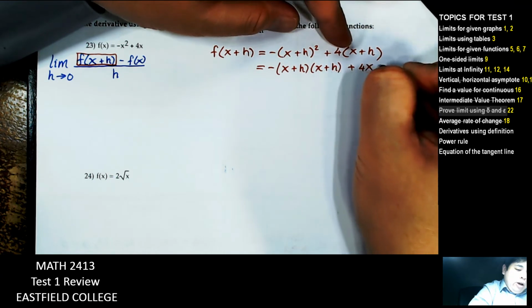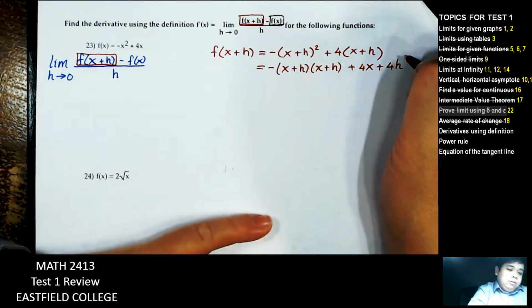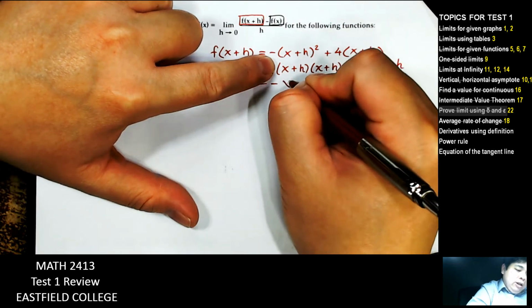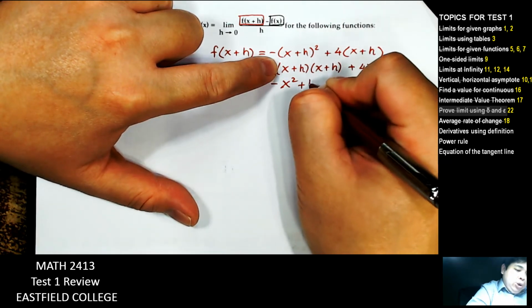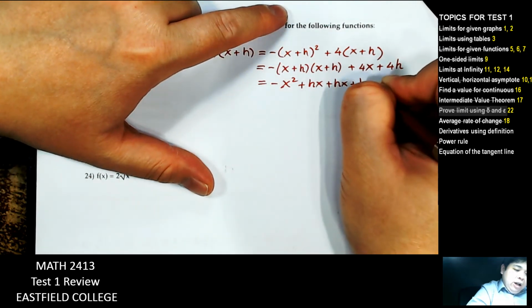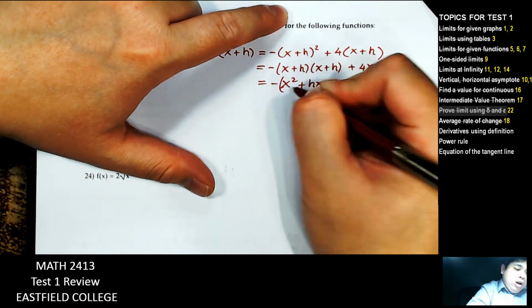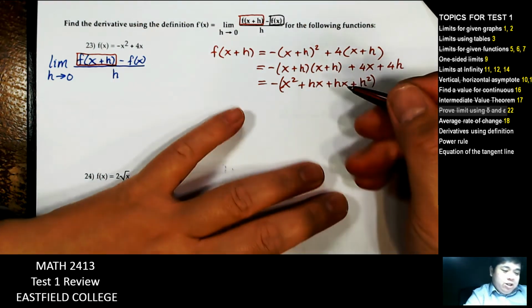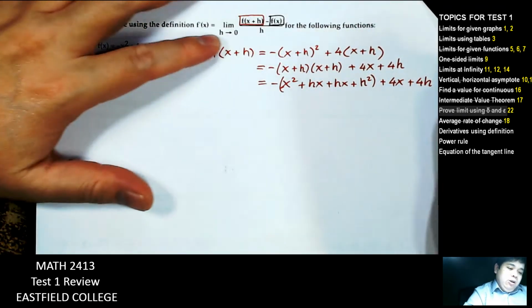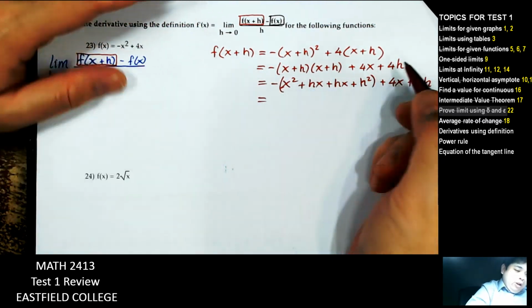For x and for h. Multiply it out, negative x squared, hx and h squared. Of course, I still have the parentheses when I multiply it out for x, for h. Right, now remove the parentheses.